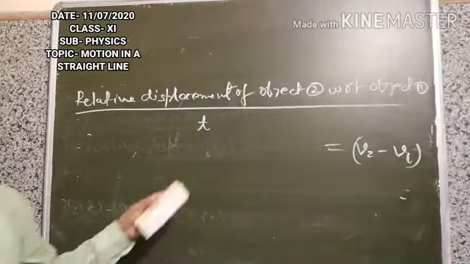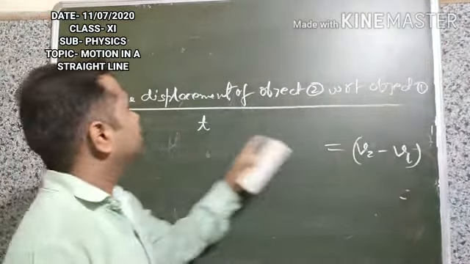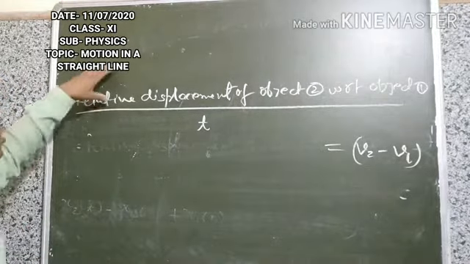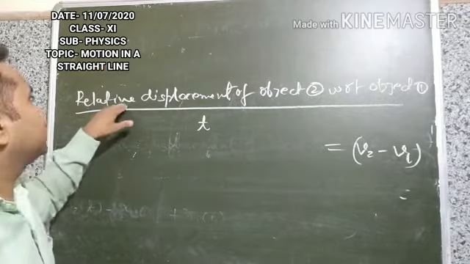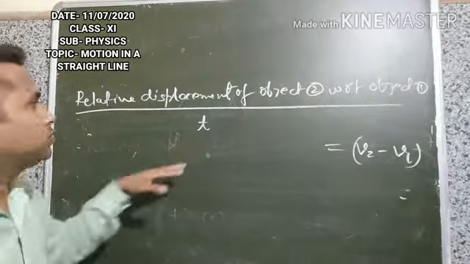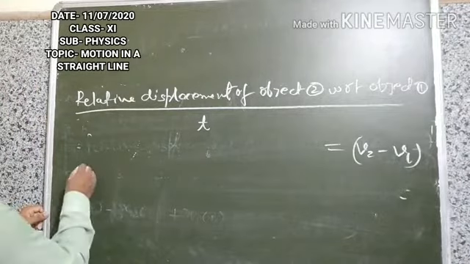By bringing the t from the right side, it comes in the denominator of the left side. So see here, numerator is relative displacement and denominator is time. So this is relative velocity.